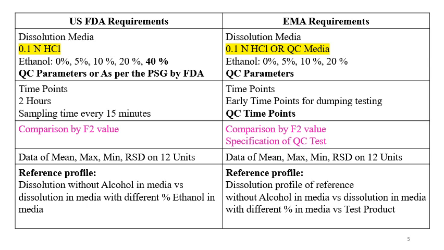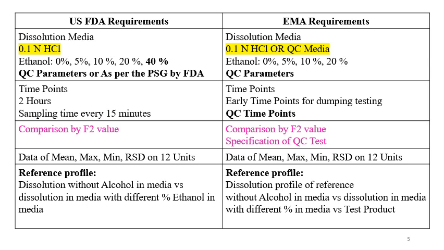And now coming to the very important part of this video, US requirements versus EMA requirements. I have studied different guidelines and found some differences. So you can refer to this slide whenever you are asked to provide information on the differences between US and EMA requirements.